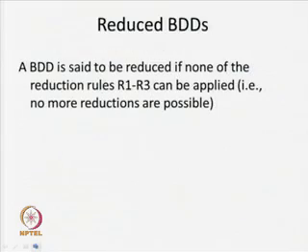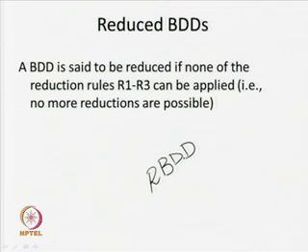So, by looking into these things, what happens? Now, we are going to have the notion of reduced BDD, reduced binary decision diagram, which is written as RBDD. When we say that a binary decision diagram is a reduced one, it will be a reduced one if none of the reduction rules R1, R2, R3 can be applied.